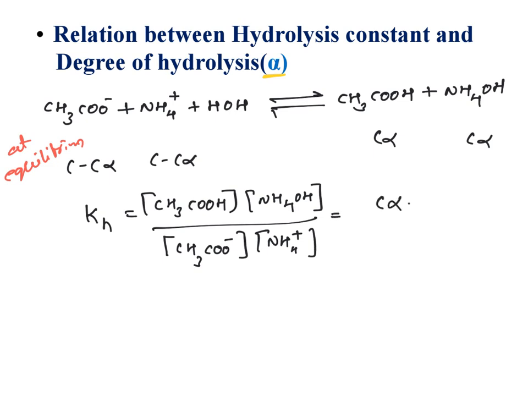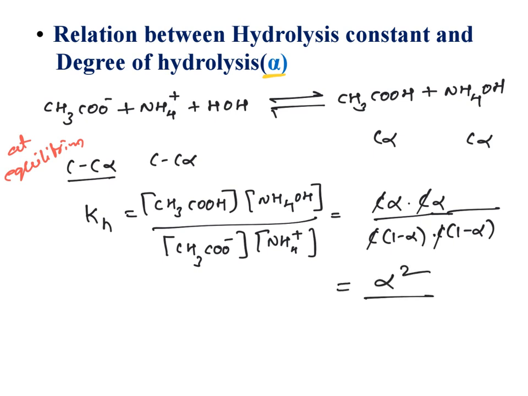C alpha dot C alpha by C minus C alpha. I can write it as C into 1 minus alpha. Similarly, C into 1 minus alpha. So this C I can cancel. So it becomes alpha square by 1 minus alpha whole square.